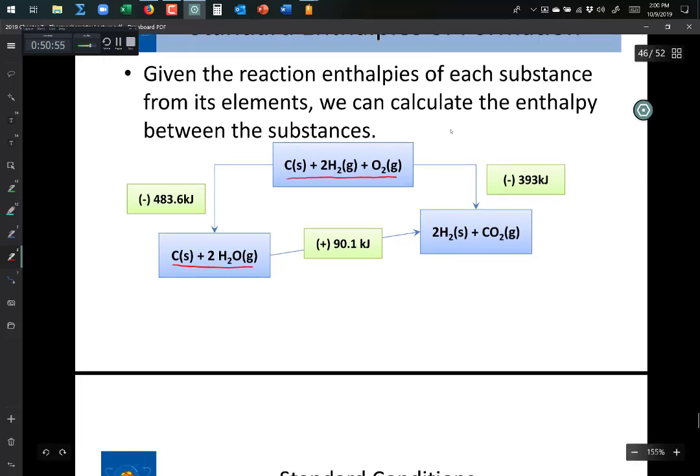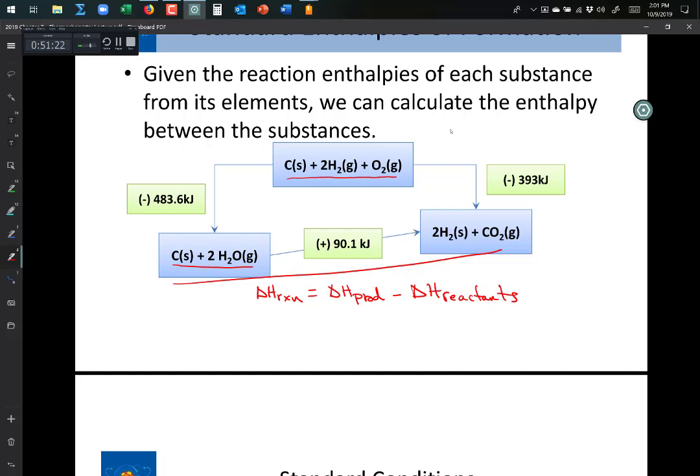So in this case, if you wanted to calculate delta H for the reaction, that's this reaction here, it's the delta H's for the products minus the delta H's for the reactants. So it's final state minus the initial state.